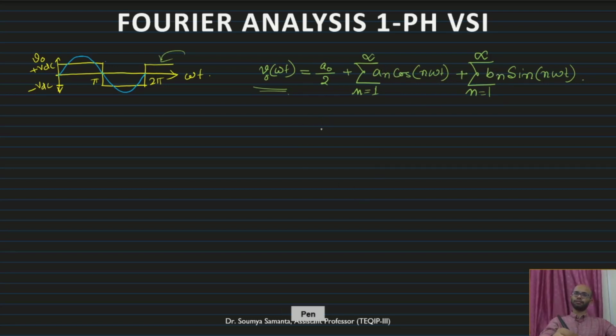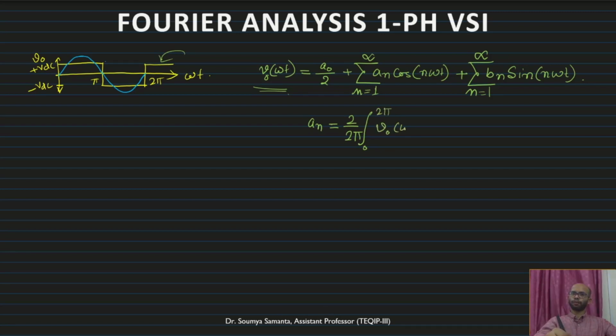Now how can we find them out? Suppose say an. We multiply the V output waveform by cosine of n omega t, and then find the average of that. So basically this divided by the total time period, that is 2 pi, and here I will say 1 by pi, because we are taking the limit 0 to 2 pi.